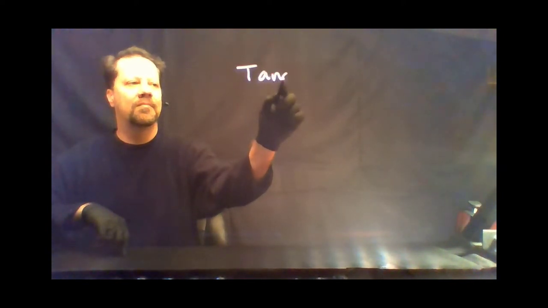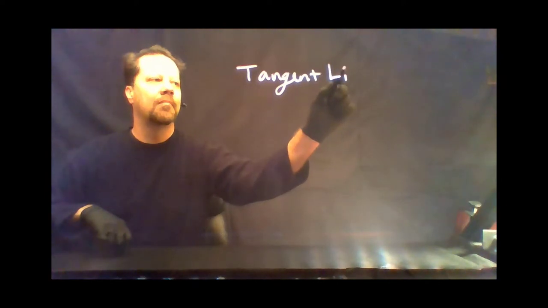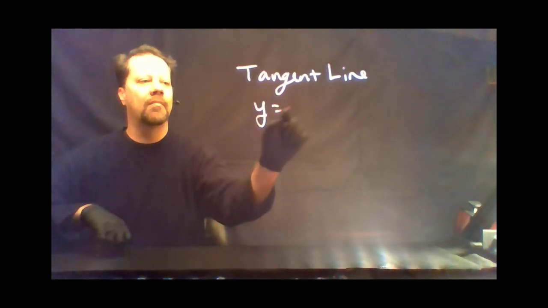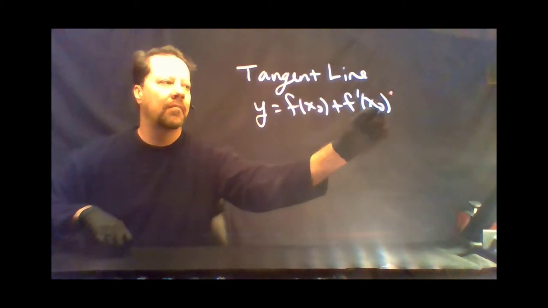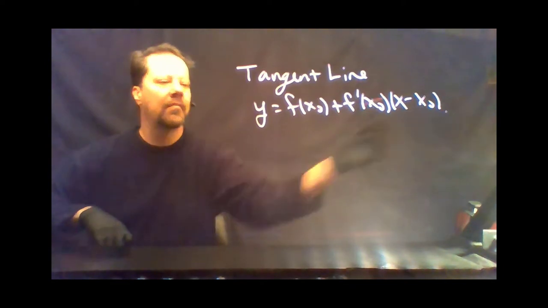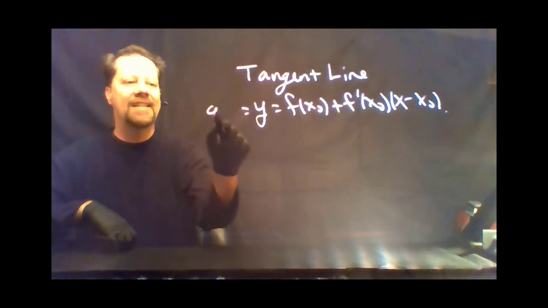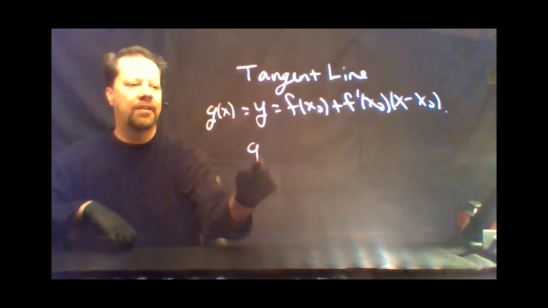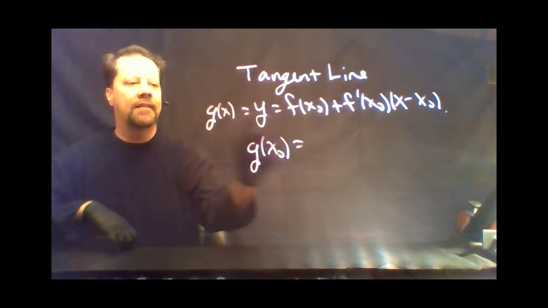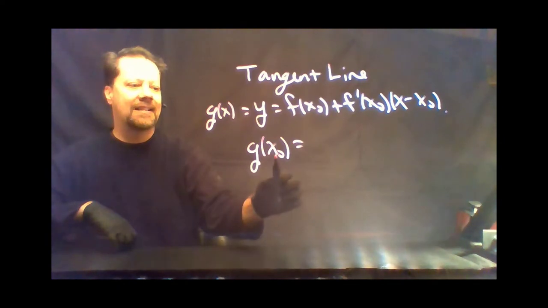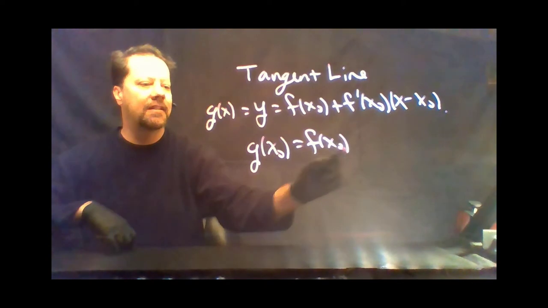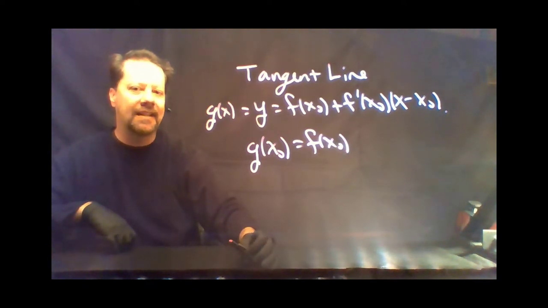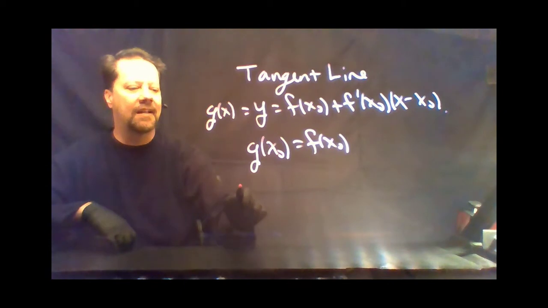What characterizes the tangent line? If we think of the tangent line as being a function, note that if we evaluate this equation for a straight line at x naught, x minus x naught is 0, and so you get f of x naught. The line has the same height as the function at the point x naught.